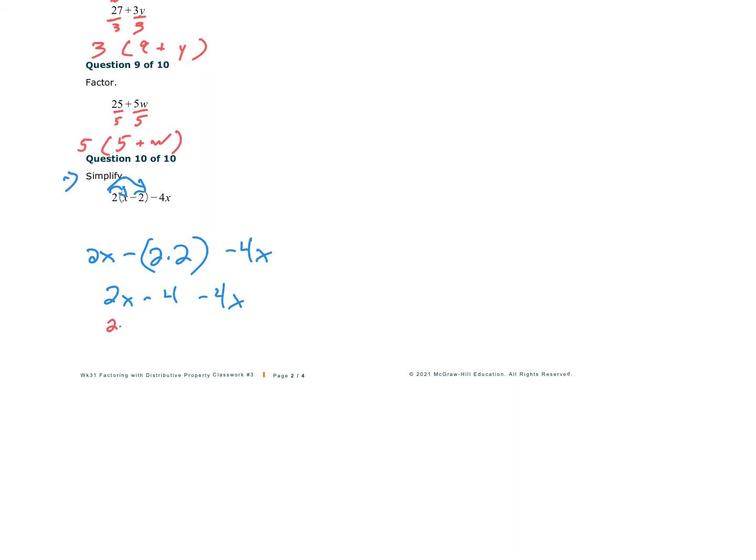I can combine my 2x and minus 4x. 2x minus 4x I know is negative 2x. And then I can just bring down the minus 4. I can't combine those. All right, that's a way to simplify. A little different than how we are using the distributive property here, but this really isn't factoring as much.